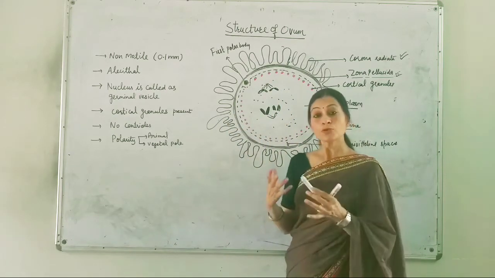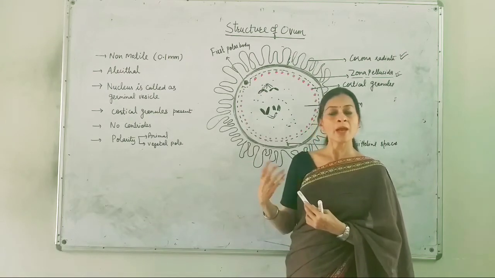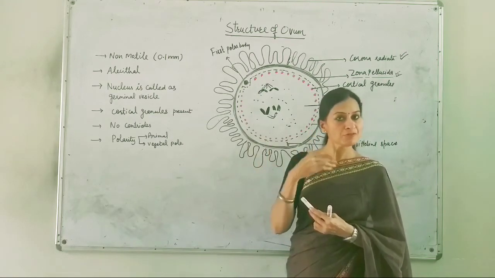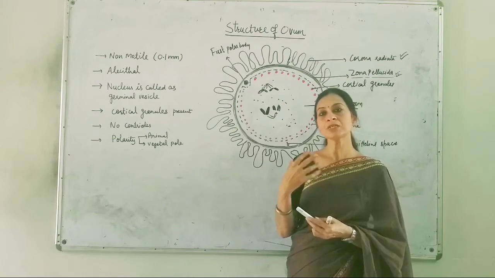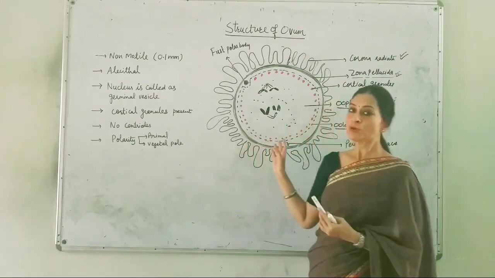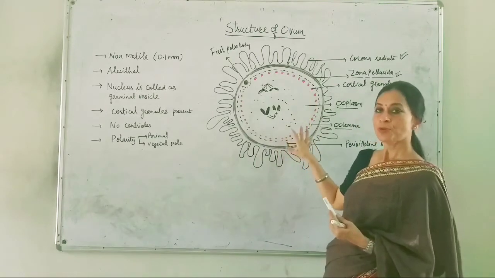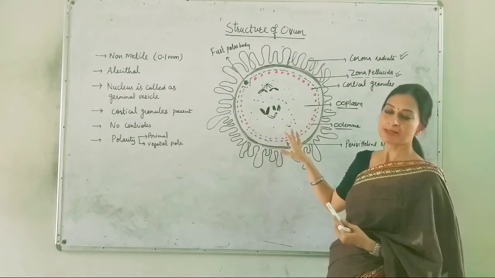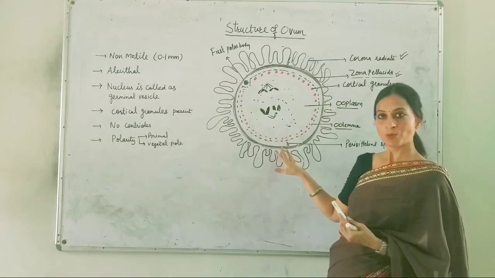Okay, so for food, because the zygote or the embryo will be fully dependent on the female body, it will derive its food from the mother. That's why there is no need of yolk here. So human eggs are alecithal in nature. Okay.